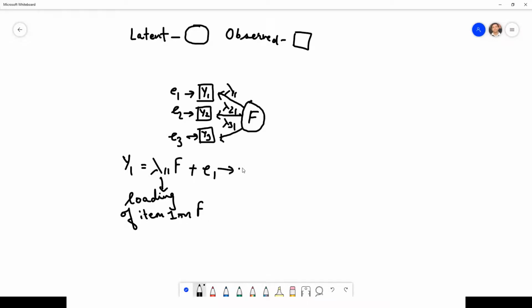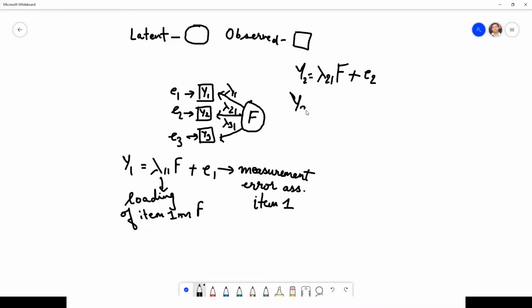This is called the measurement error associated with item 1, which I just explained in our previous discussion. Similarly, what will be the equation for item 2? It will be y2 is equal to the loading of item 2 on factor f times factor f plus error associated with item 2, and y3 is going to be lambda 3 1 times f plus error.